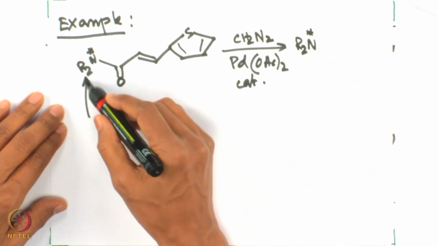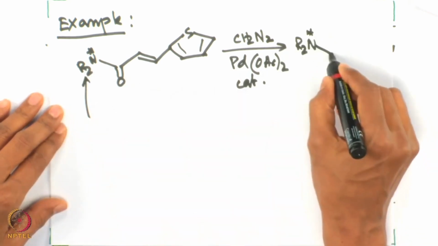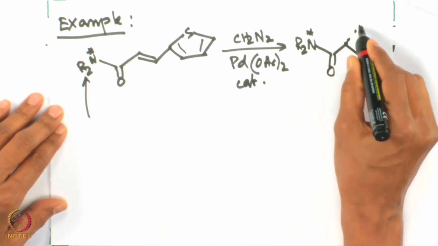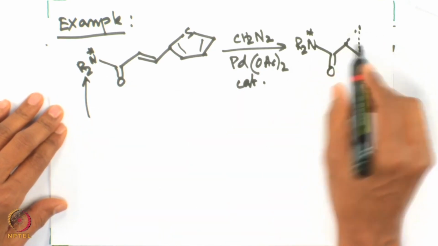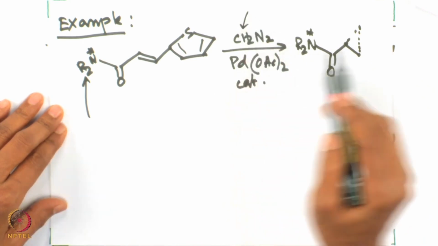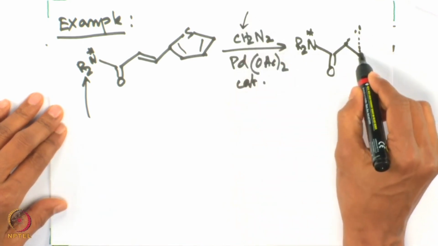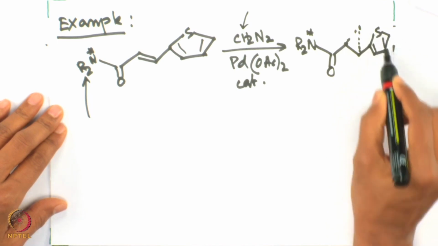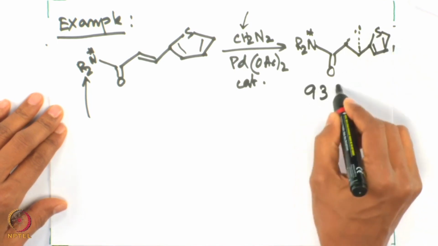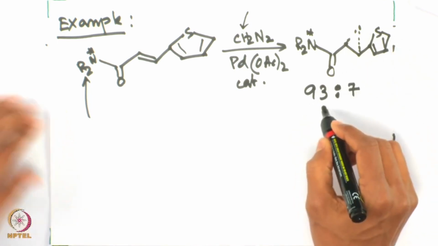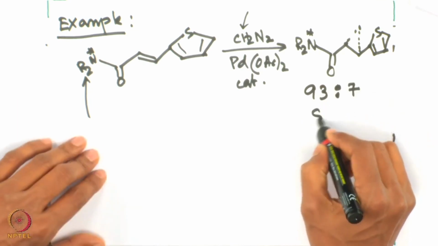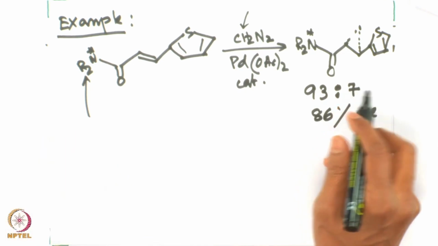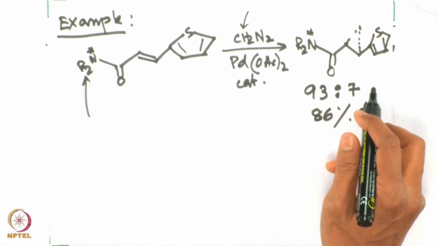This is the chiral enantiopure auxiliary, and from there on you would imagine to form a cyclopropane ring, because this CH2 is coming into picture, and overall you get the product that one would expect. Now, in this case we get 93:7 diastereomeric ratio, so therefore 86% DE, which is quite interesting for such reactions.